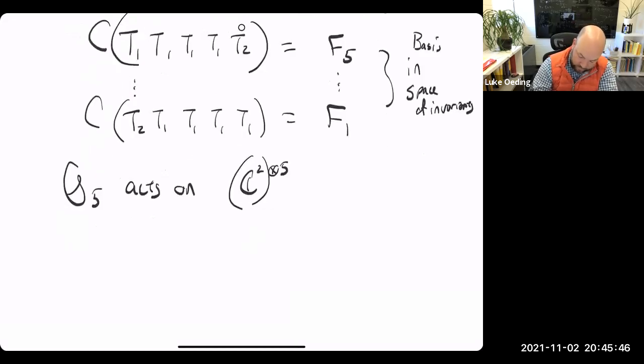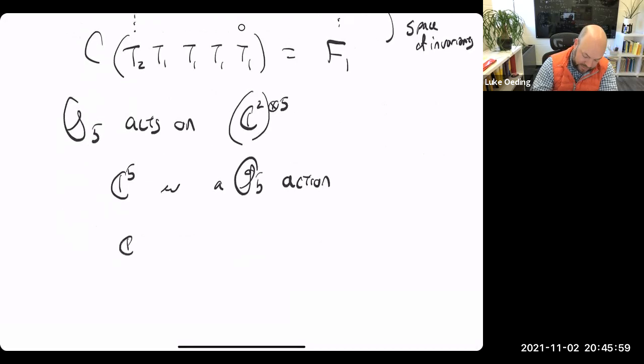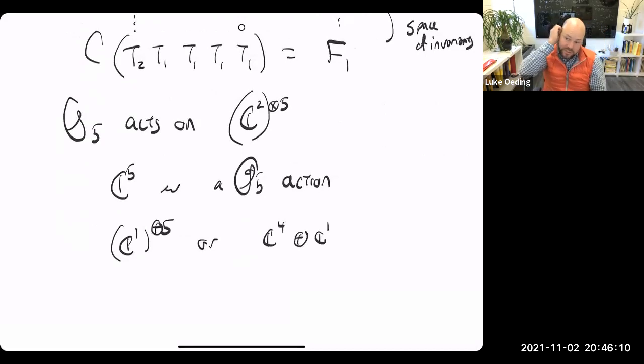So we have a C5 with a S5 action. And so either it's C1, 5 copies, or C4 plus C1. So 5 copies of the trivial representation, or 1 copy of the standard representation and a trivial representation.